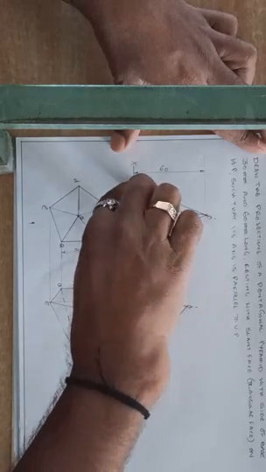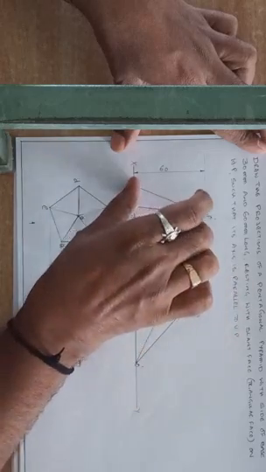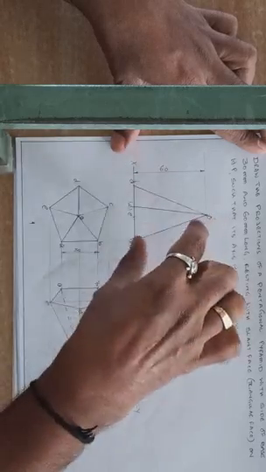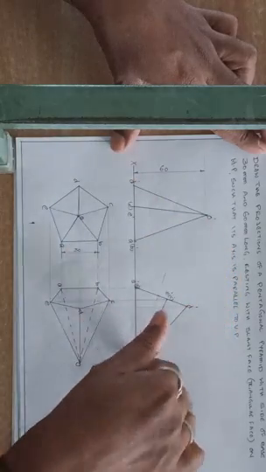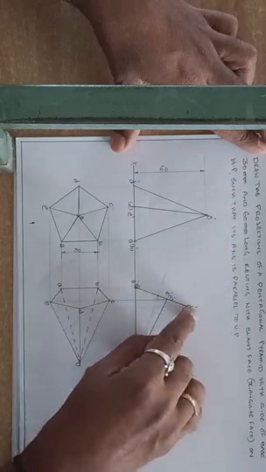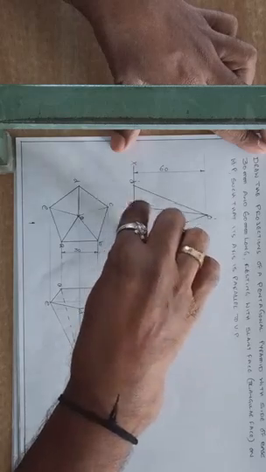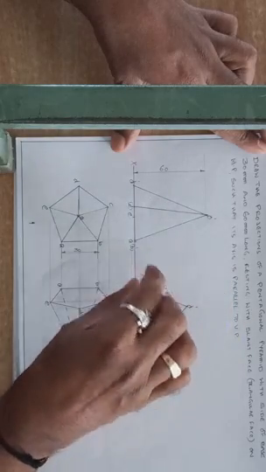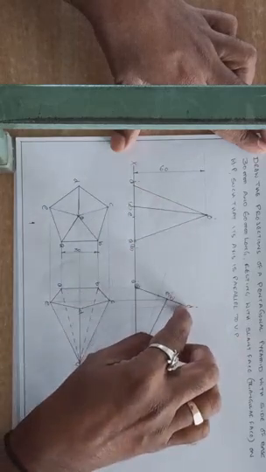Then take the base distance A dash D dash, arc here. Again take the distance D dash O dash; these both will not be equal. From O dash cut the former arc. Then join it. Then transfer the distances A to C, mark here the distance, and the midpoint also you can mark here, and D is already there.